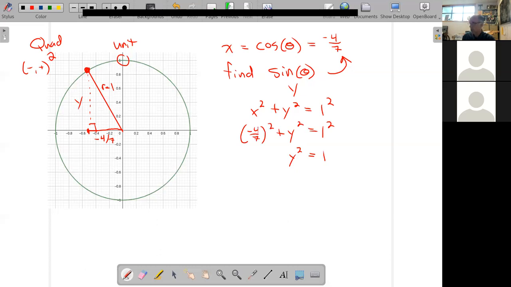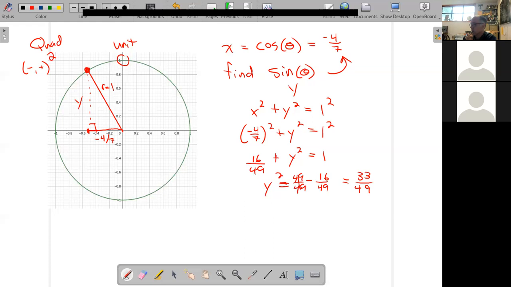So 4 squared is 16, 7 squared is 49, oops, plus. So we need to subtract that over the other side. So y squared is 1 minus 16/49. 1 can be viewed as 49 over 49. Let's see, 49 minus 16, how about 33? Good idea to check that on a calculator, make sure we're getting it right.